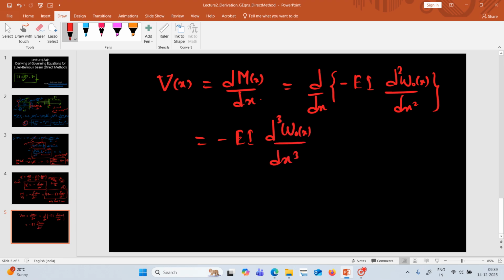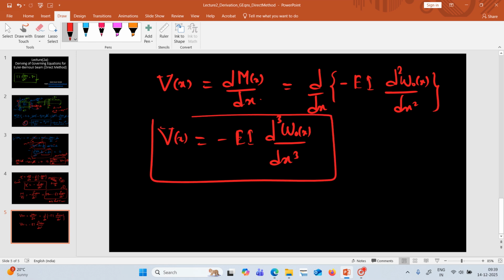So the shear force is related to the transverse displacement by the third order derivative: V equals minus EI d3w by dx cube. Let's call this equation 4.